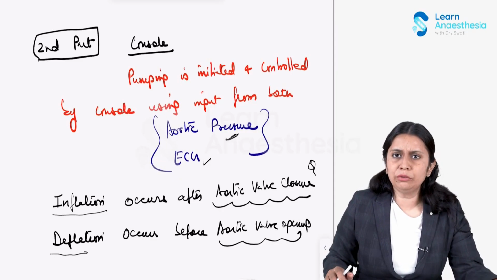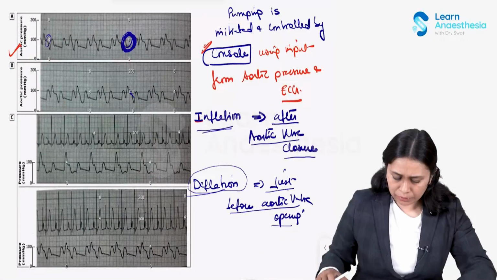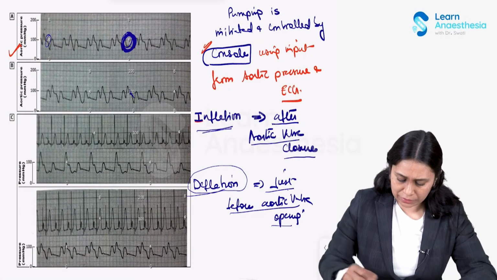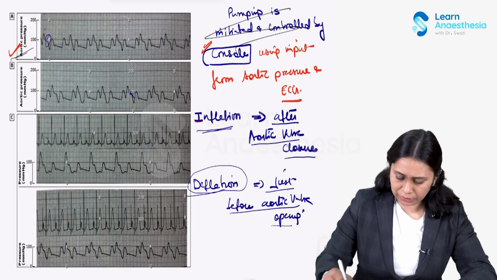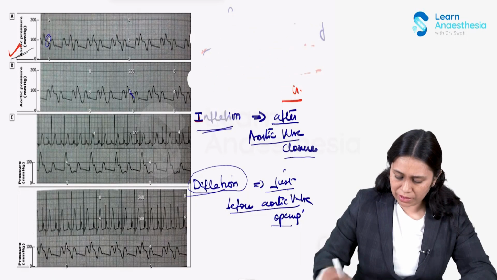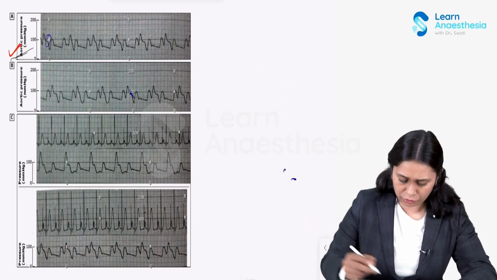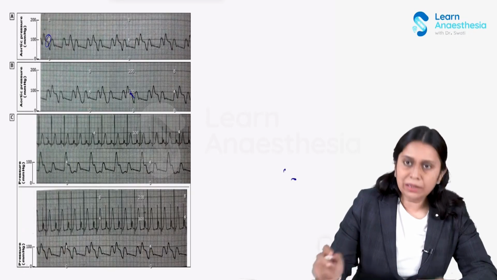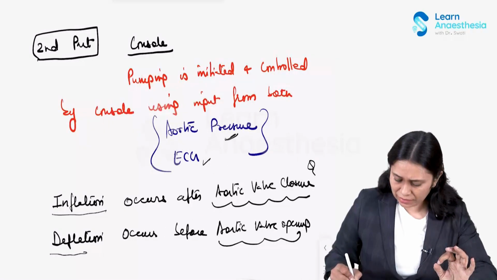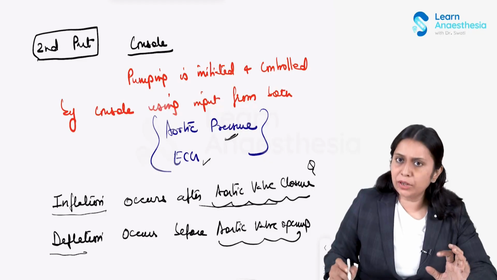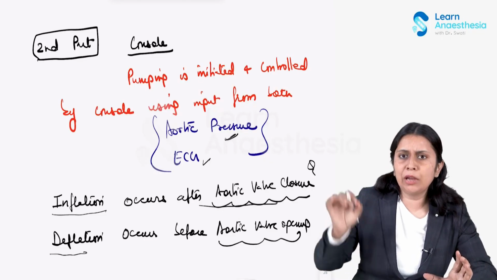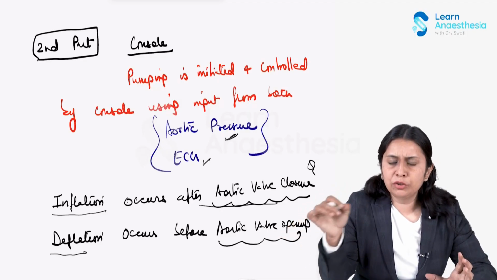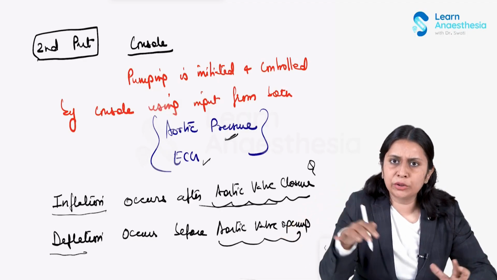So just showing you the graph. You can see in this graph how inflation and deflation are being controlled. I said inflation has to occur after aortic valve closure. Aortic valve closure in the aortic pressure tracing corresponds to the dicrotic notch.